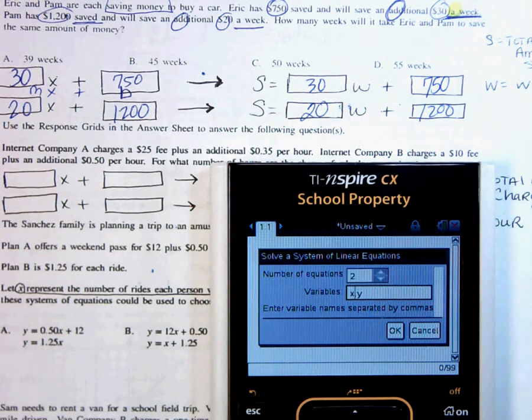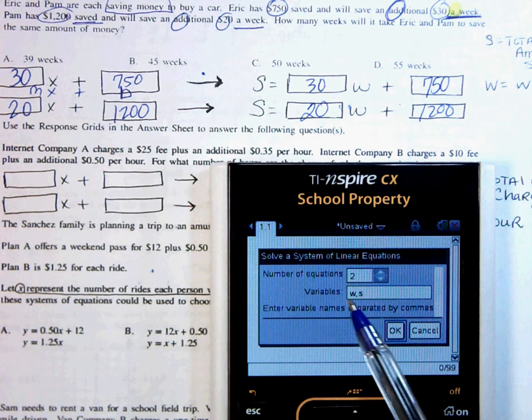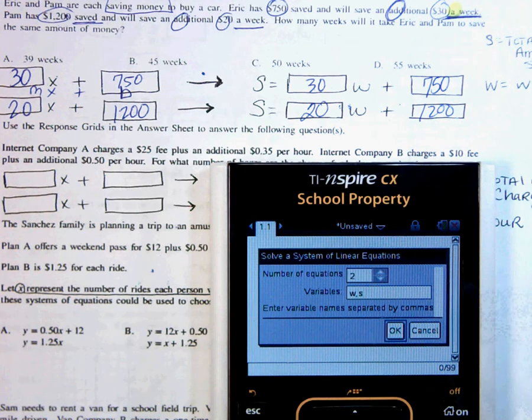So, delete x. Please keep the comma between the w and the s. The s. So now we press OK. And again, I replaced x with w. I replaced y with s.